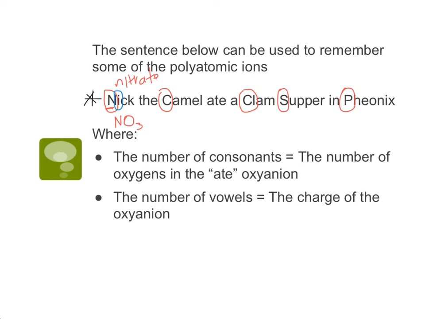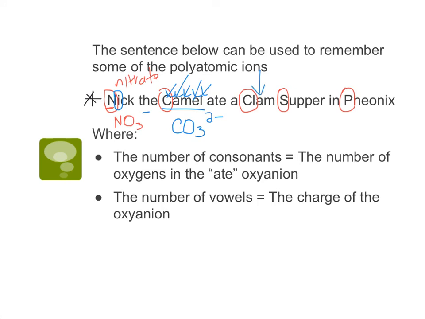So only one vowel in Nick, meaning that it has a -1 charge. So if you did the same with the next, I'll just show you the next one, camel. So we know that's carbon. We know the second element's oxygen. There are 3 consonants, so C, M, and L, telling us there are 3 oxygens. And there are 2 vowels, A and E, meaning that it has a 2 negative charge.